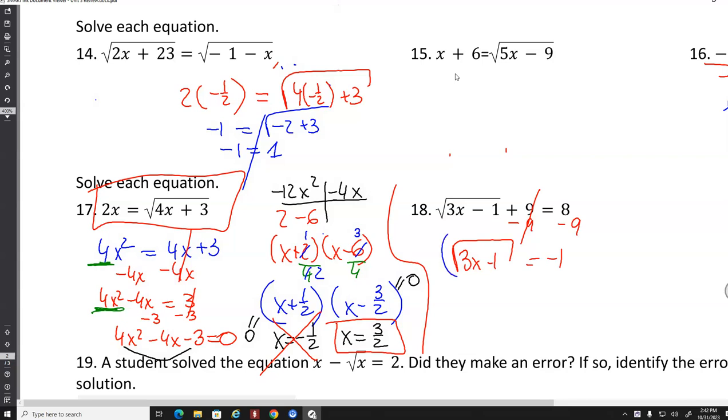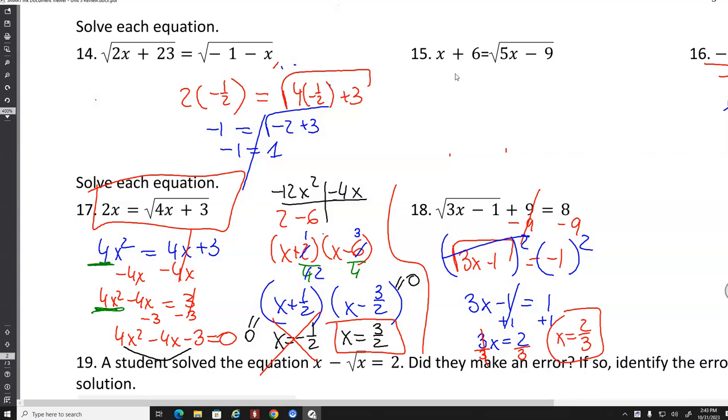Of course, I'm going to square both sides to get rid of that radical. Now 3x, which is all that's on the inside, equals 1. Now I'm going to add the 1 to both sides to get rid of it so I can solve for x. So that's 2. Now I'm going to divide both sides by 3 to cancel this 3 out. So x will equal 2/3.